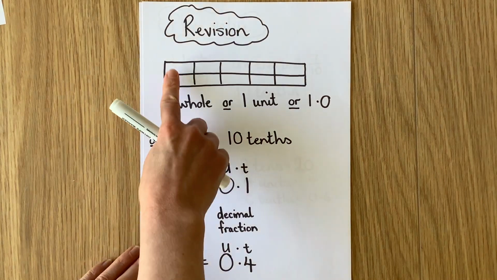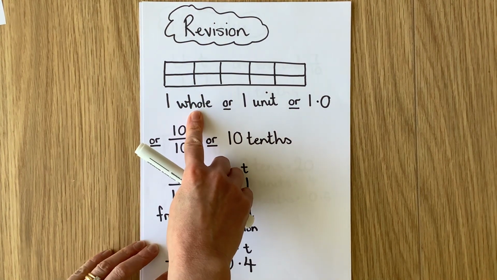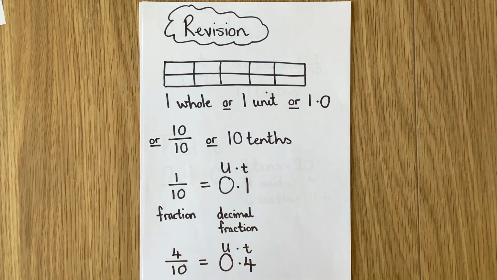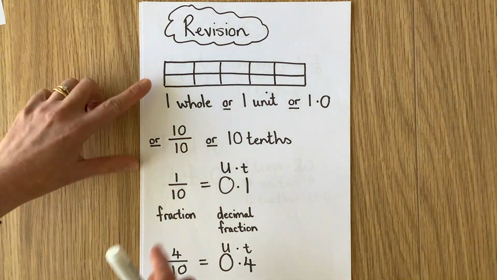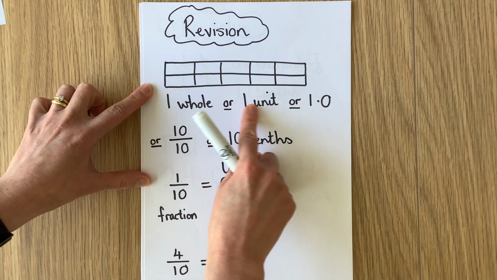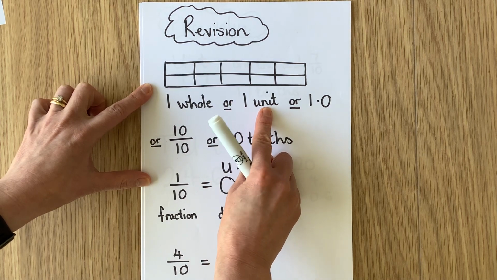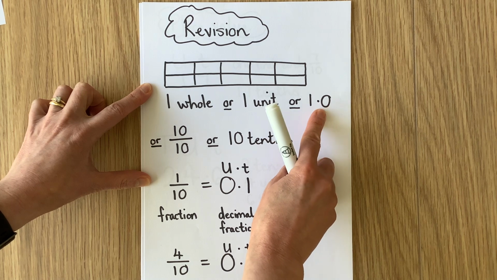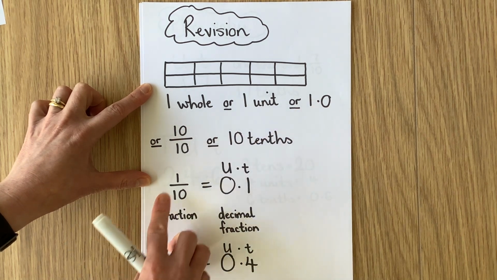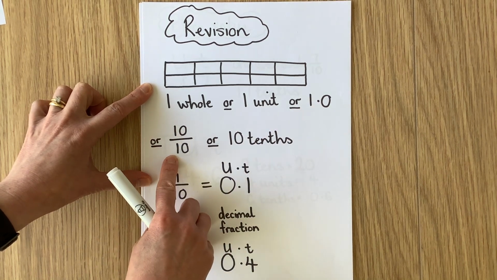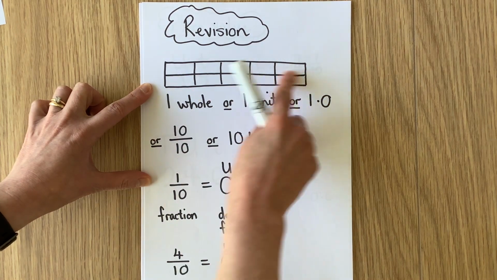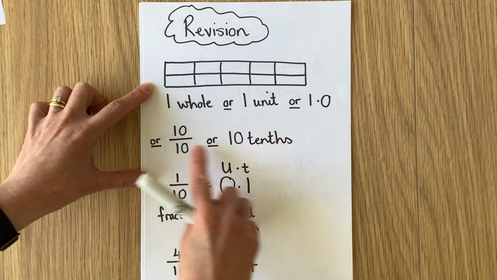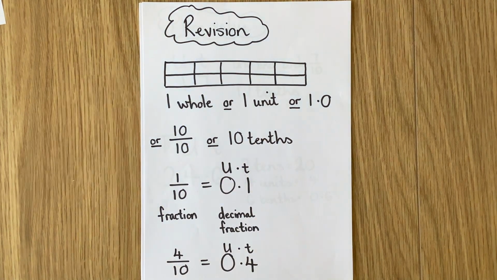If I've got one whole shape that has been divided into 10 parts, well, if I've got all 10 of those 10 parts together, I can say that I've got one whole, I can say that I've got one unit, I could also write it as 1.0. Now that 1.0 also means that I've got 10 out of the 10 parts, 10 tenths, or I could write 10 tenths that way. They both say 10 tenths.